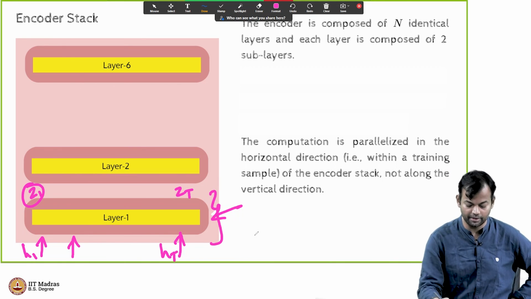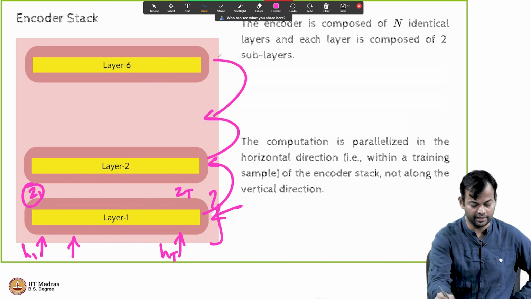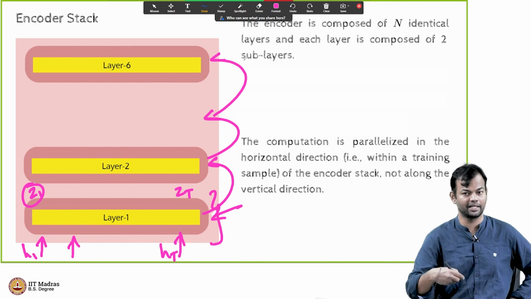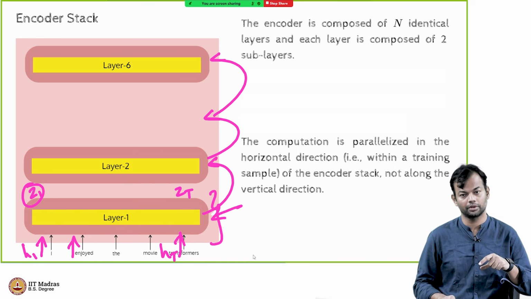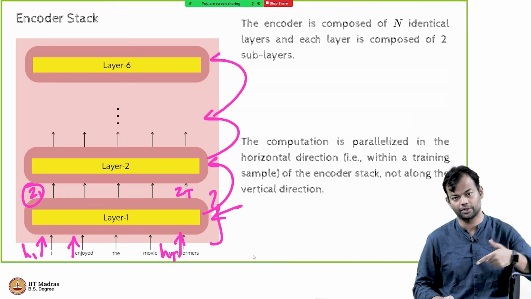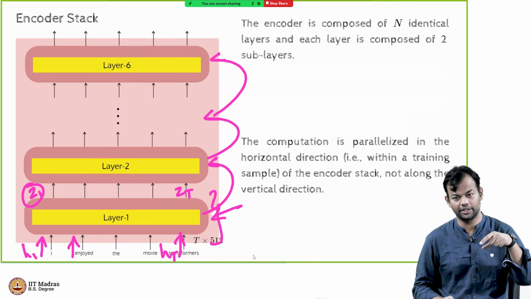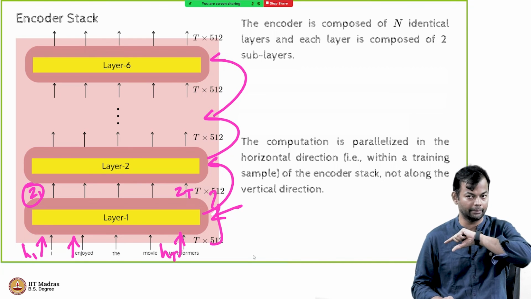So this parallelism you see in every layer, but of course across layers the computation is still sequential, because you need the previous layer's output to do the next layer's computation. You have the input, then the layer 1 outputs get computed, then it feeds to layer 2 and so on till the end, and each of these T cross 512 outputs get computed in parallel, right?